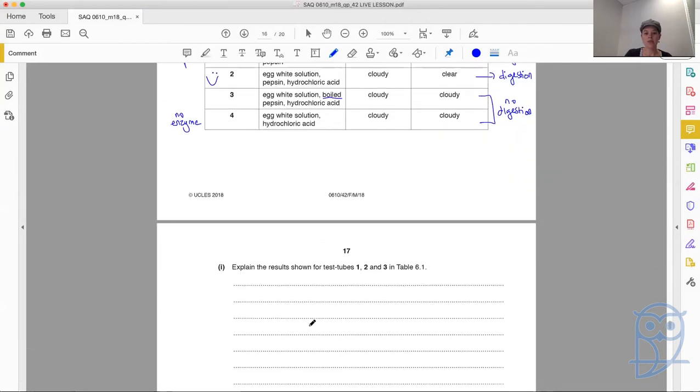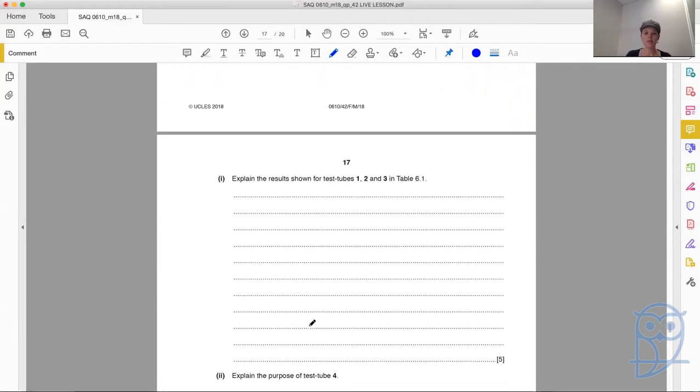And we run to the next question, which asks us to explain the results for test tubes 1, 2, and 3 in table 6.1. And because we took that time to really understand what's going on in those test tubes, this is now straightforward. So in test tube 1, there was some breakdown of protein.